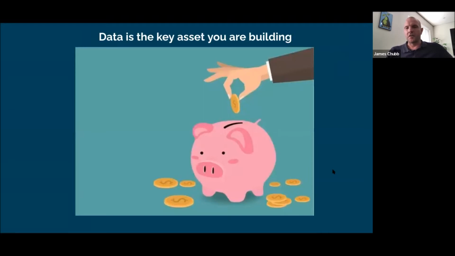Also, you should think about the data as an asset that you're building, the data that you're preparing yourself, as well as the user data. It's almost like putting coins in the piggy bank. It's the asset that you're building. Part of your business is your brand, but also part of it is the content.